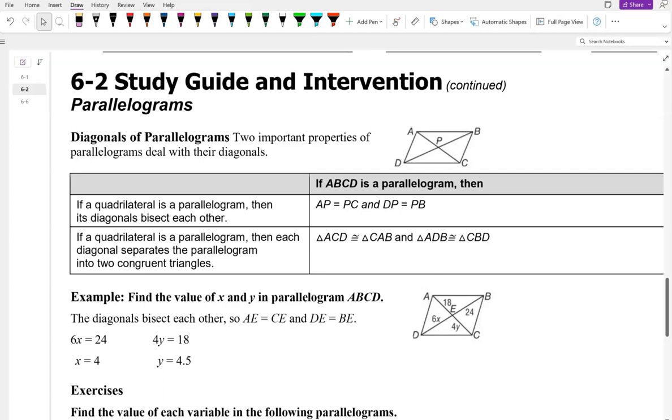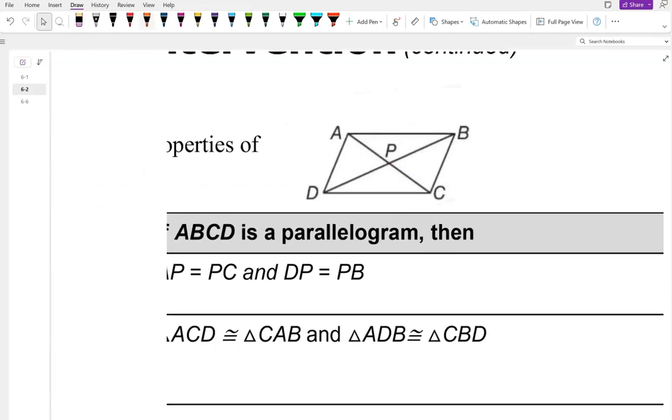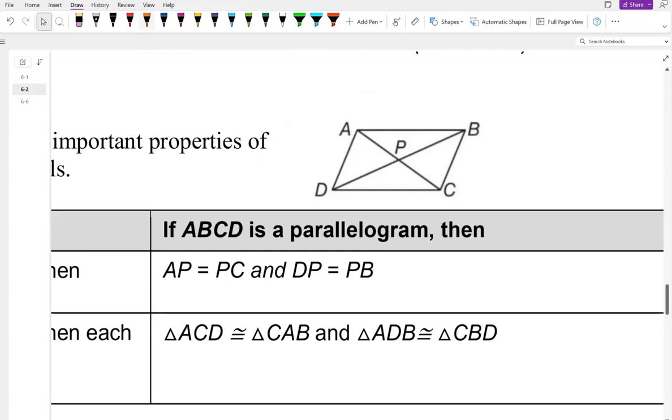So on the back side of this, it's talking about the diagonals, right? One thing that you need to make sure you understand about diagonals is they go from the vertex, which is just the corners of the shape, all the way to the other corner. So these lines here are the ones we're talking about. One thing you need to understand about those diagonals on any parallelogram is they bisect each other.